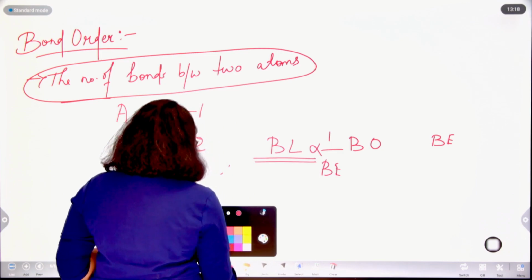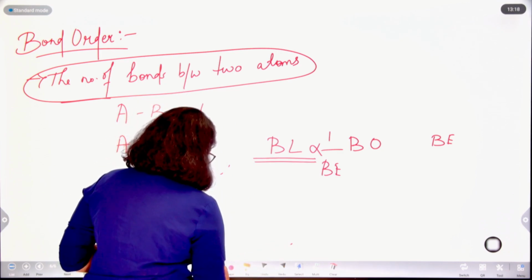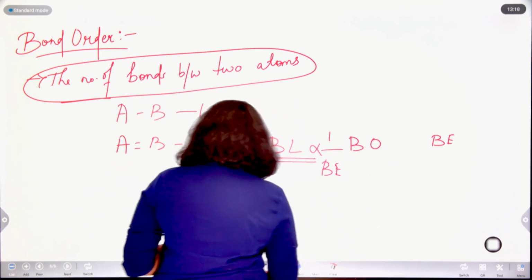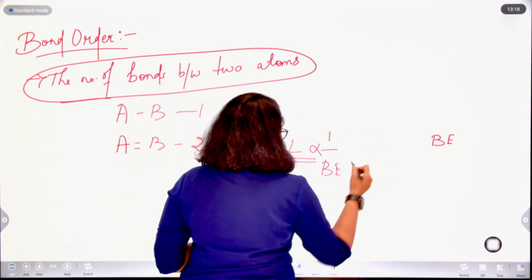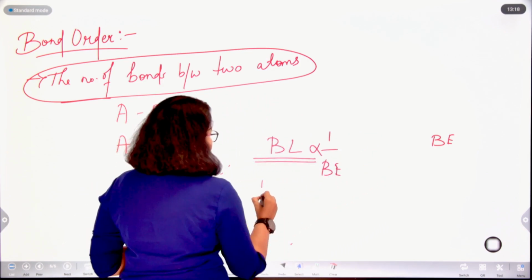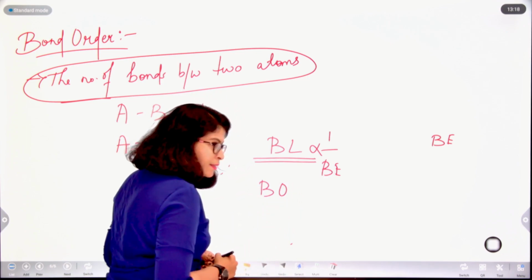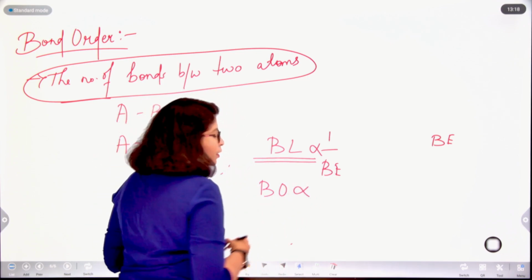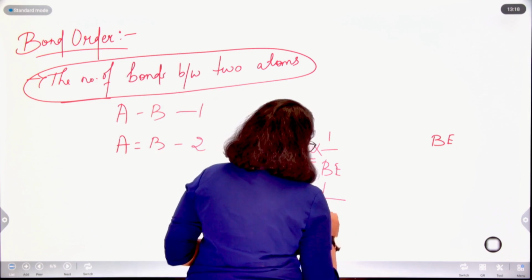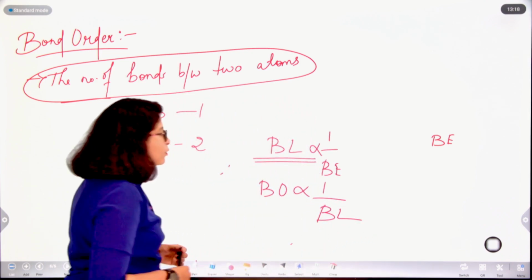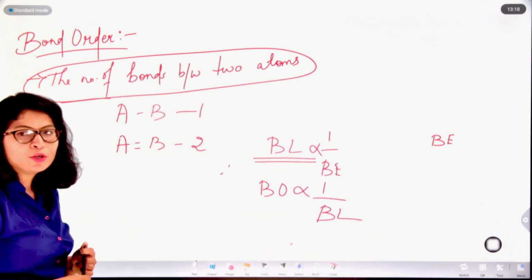Now, if bond order increases, then bond length will decrease, right? So bond order is inversely proportional to bond length.